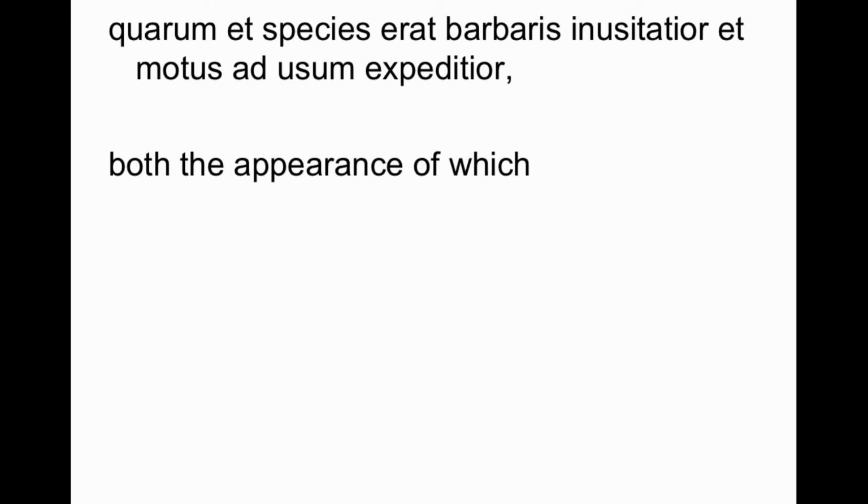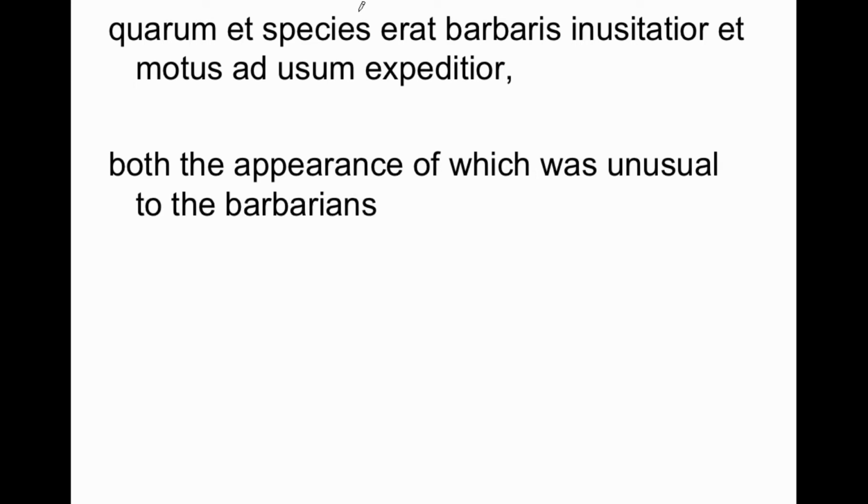Now, species means appearance, okay? So both the appearance of which, now I'm moving just logically, I'm moving the quorum kind of into the middle here. Both the appearance of which was, erat, it was inusitatior, it was unusual to the barbarians, okay? And the motus, okay?